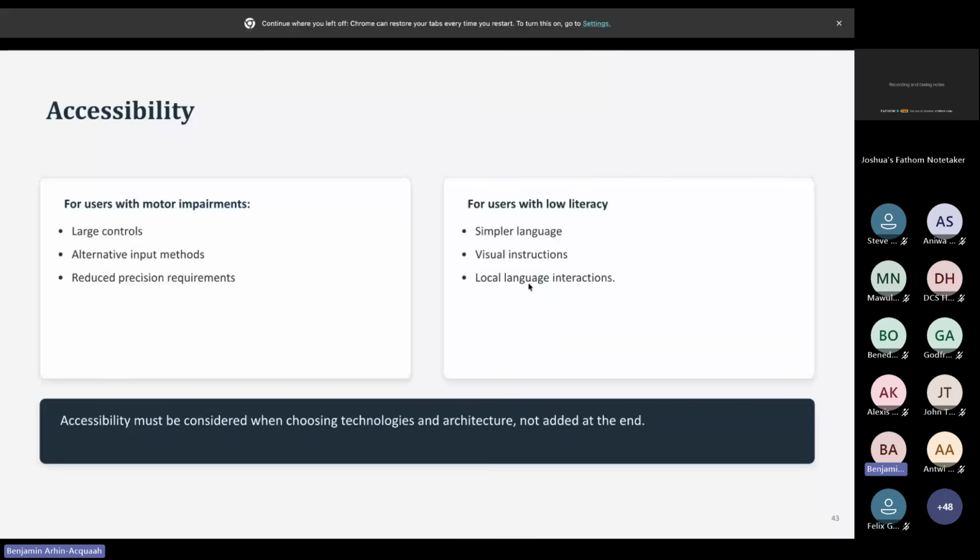Someone with low literacy needs the language to be simple enough for them to understand. You want to have visual instructions and local language interactions, like translations, so that they're able to efficiently communicate or use your product.